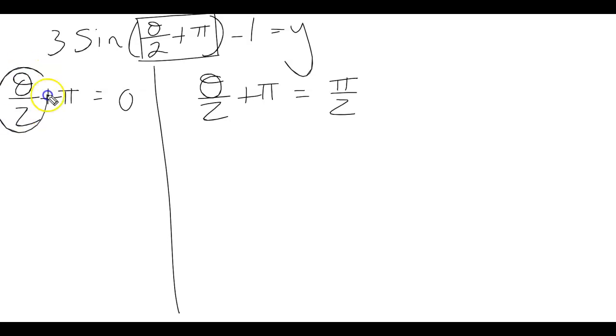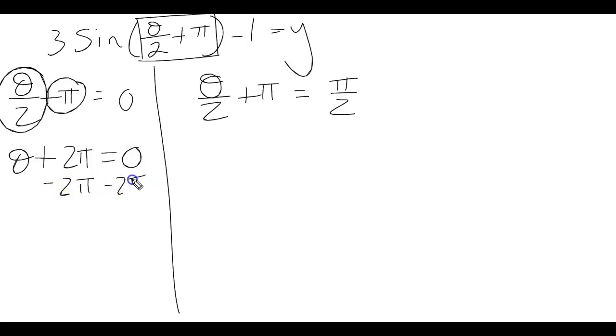If I multiply this by 2, the 2's cancel, so I'm left with theta. If I multiply this by 2, I'm left with 2 pi. And if you multiply 0 by 2, you just get 0. Next thing we do is we solve for theta, so I'm going to subtract the 2 pi on both sides. And I end up with theta equals negative 2 pi. My starting angle for sine is usually 0, but now it's negative 2 pi.